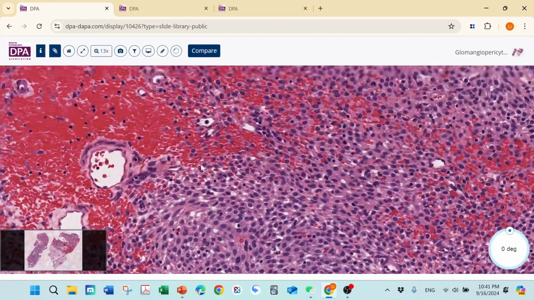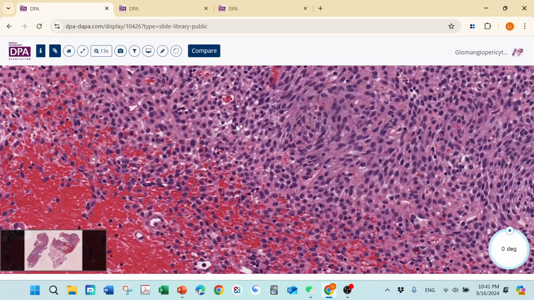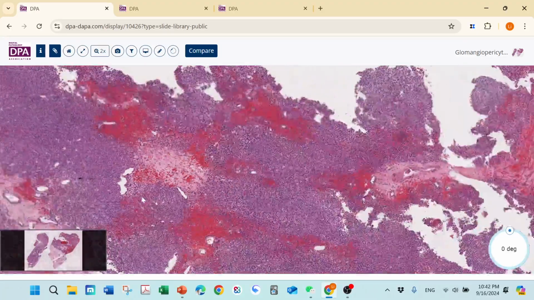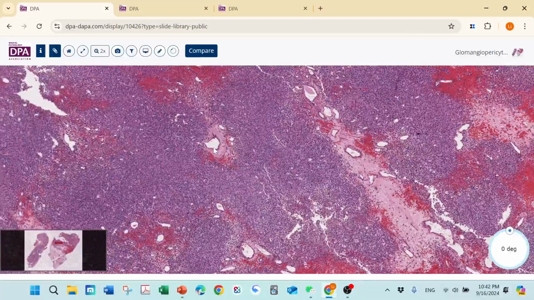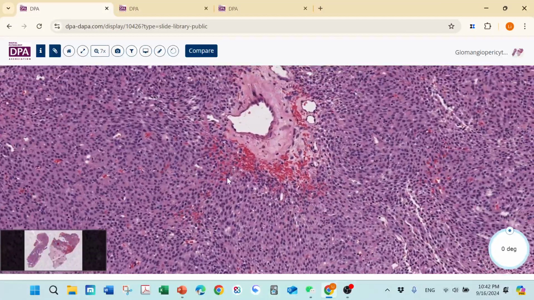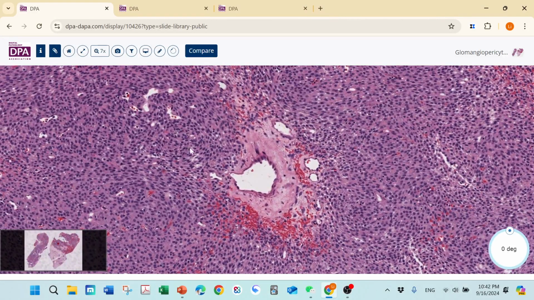Remember the characteristic immunostaining, SMA positive and beta-catenin positive. Another area also the same, hyalinized blood vessel hugged by this monotonous cell. Sometimes the cell can form this whirling structure.